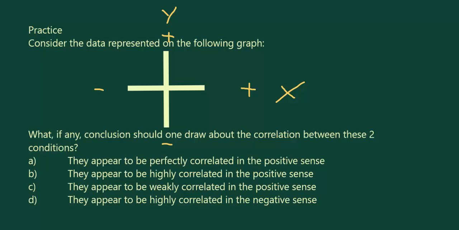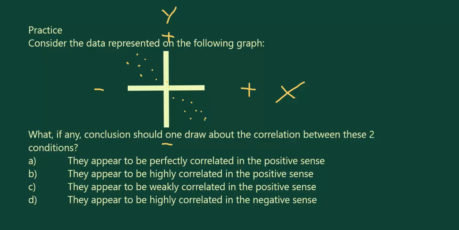So we can ask ourselves, if we see a pattern where our correlates are correlated in the following way, we want to know, well, do we have a positive correlation here? Do we have a negative one?